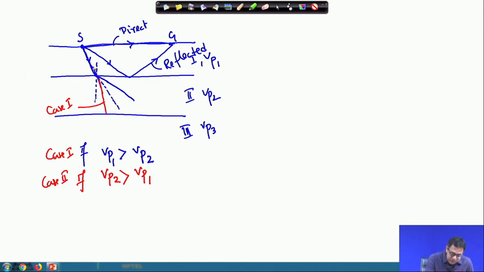So, this is I and this is another angle, alpha. Alpha is this angle. So, I can erase this line.